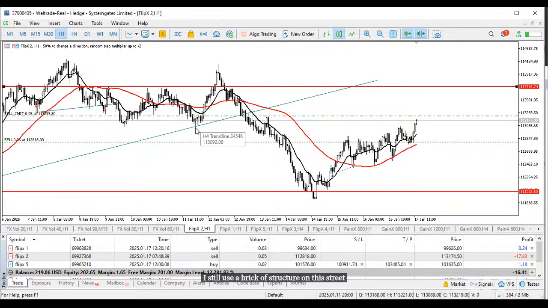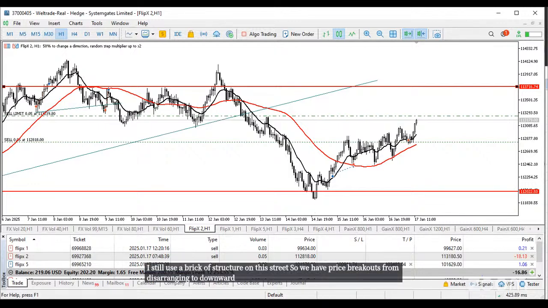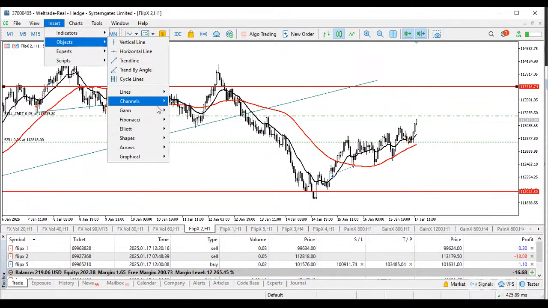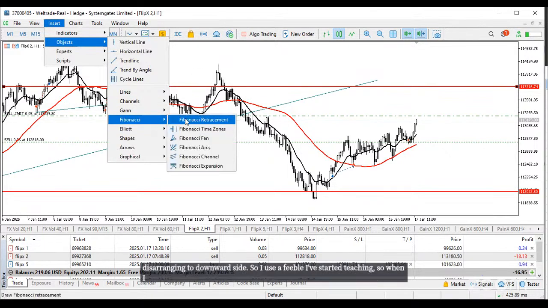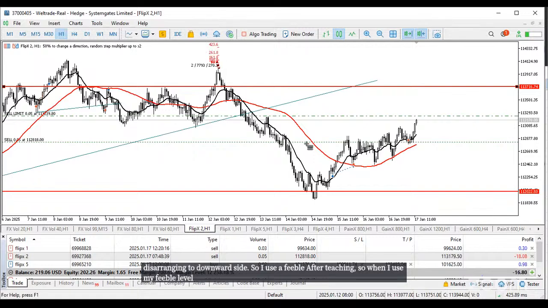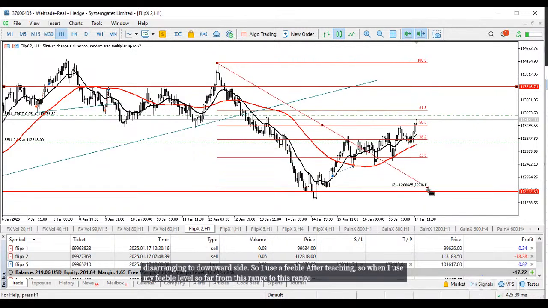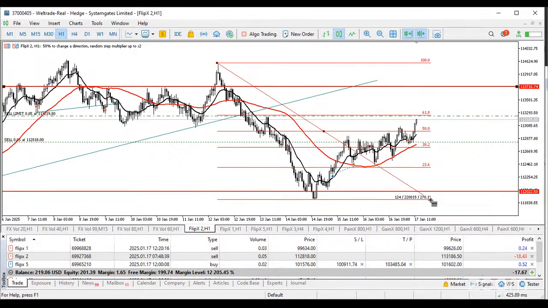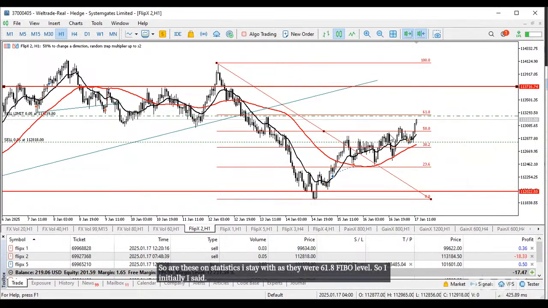So we have price breakout from this range to the downward side. When I use my Fibo level, from this range to this range, on synthetics, I stay with the 61.8 Fibo level. So initially I set my sell limit here.